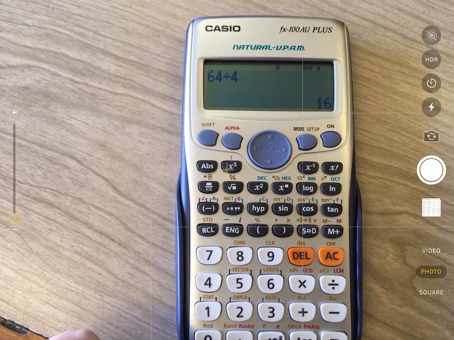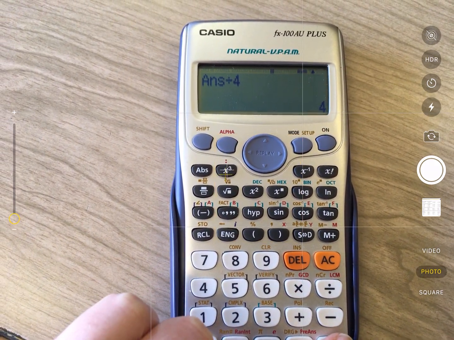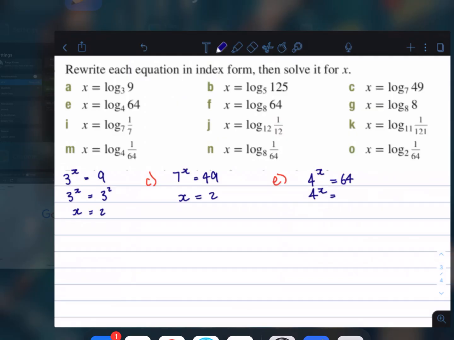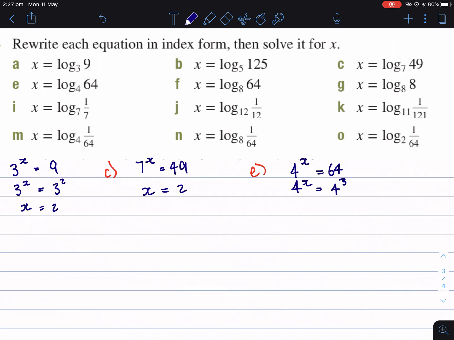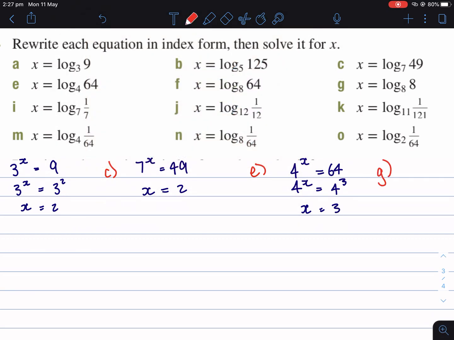So we've divided it by 4 once, twice, 3 times, and we end up with 1, so it's to the 3. So you just keep dividing it by the base until you get to 1. And how many times you divided it is the power. So x equals 3.